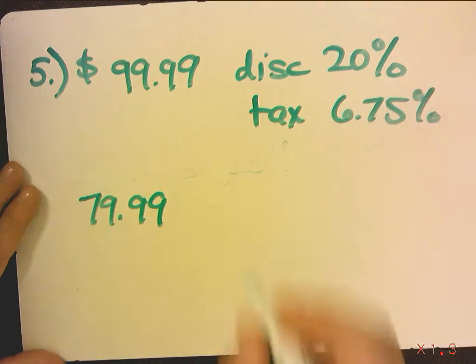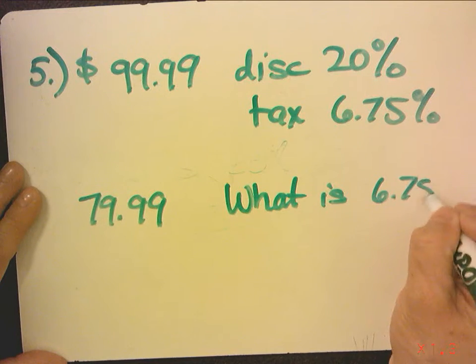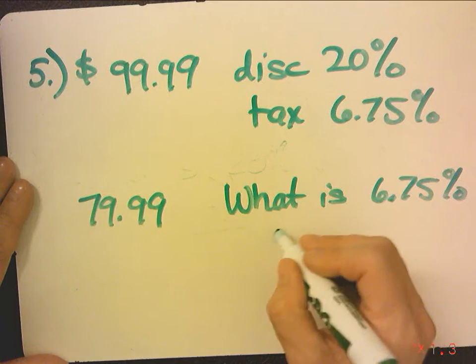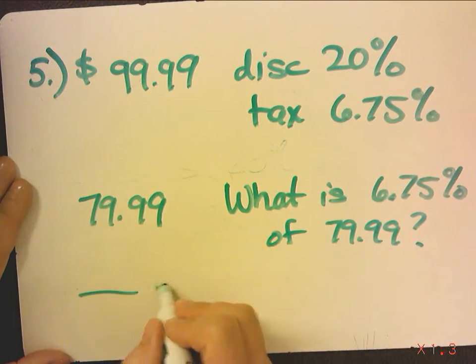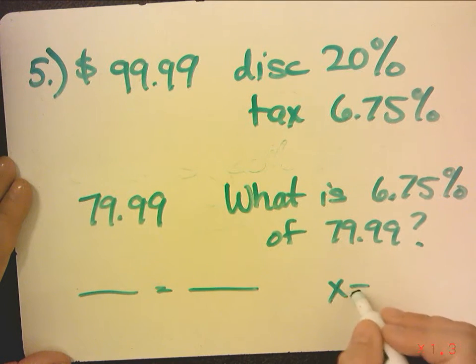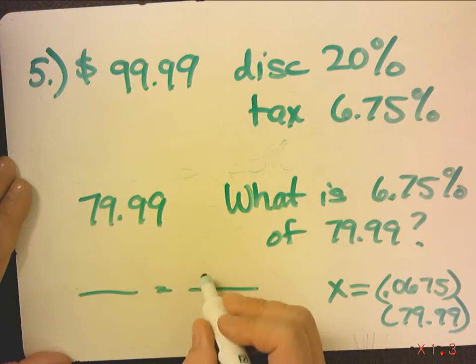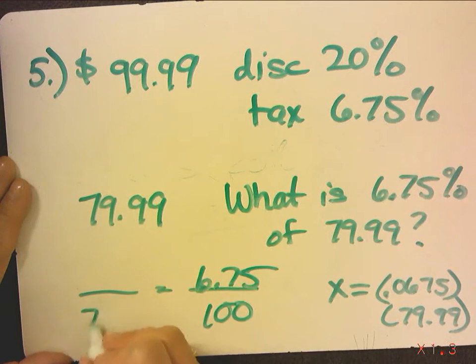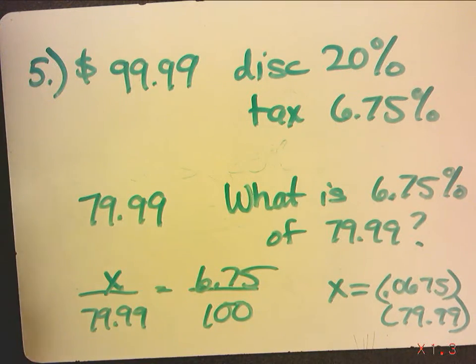Now, my next question is, what is 6.75% of $79.99? Two different ways to do that. X equals 0.0675 times $79.99, or 6.75 over 100 equals x over $79.99.